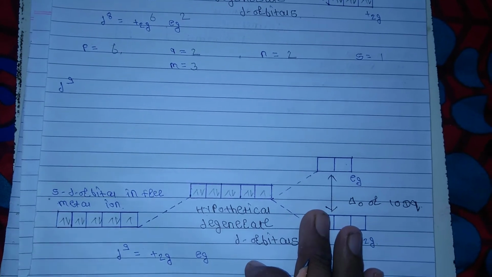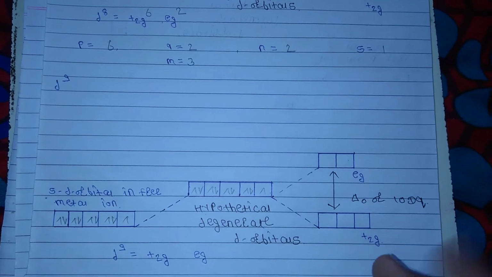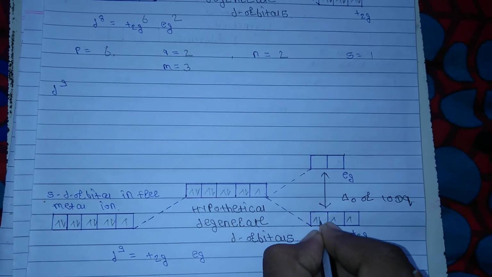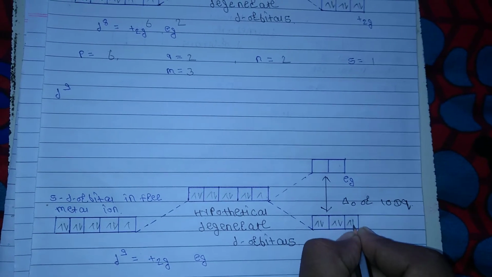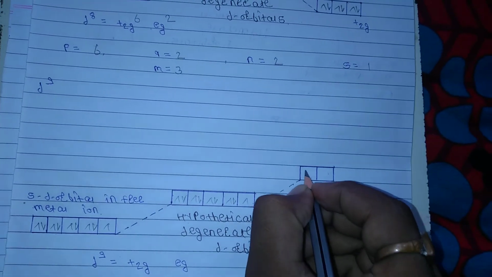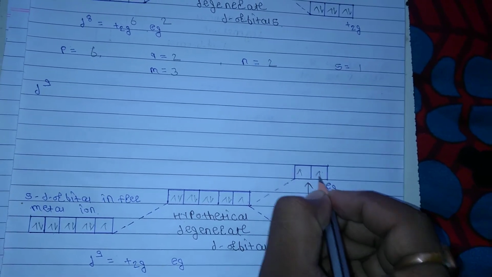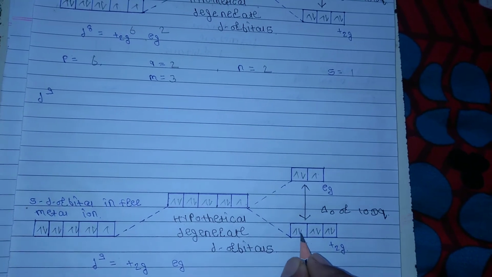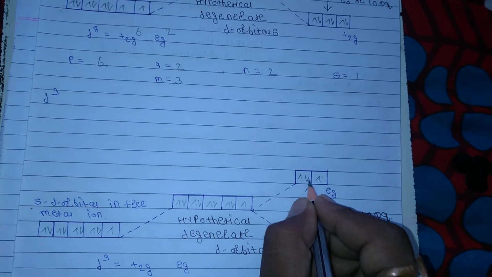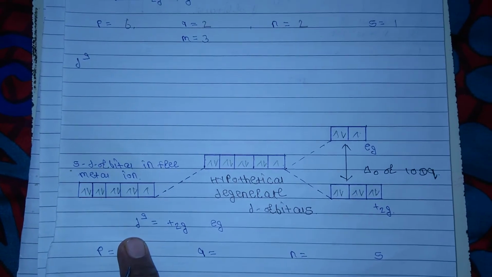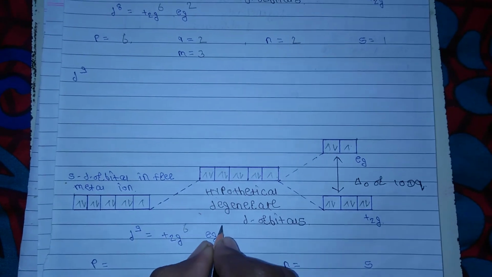In the strong field ligand, the first 6 electrons go in the t2g set, and then the remaining 3 electrons go in the eg set. Then in the d9 configuration, it is t2g6 eg3.